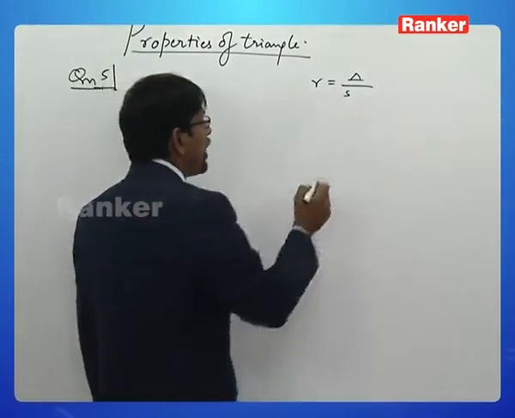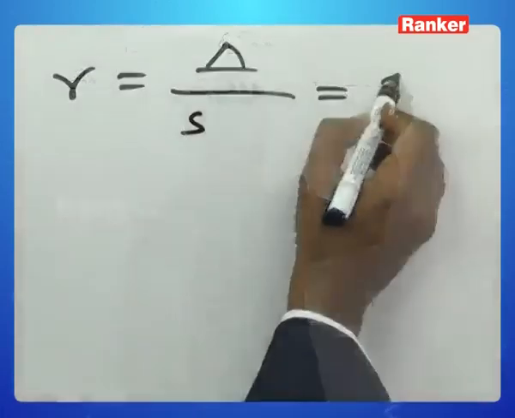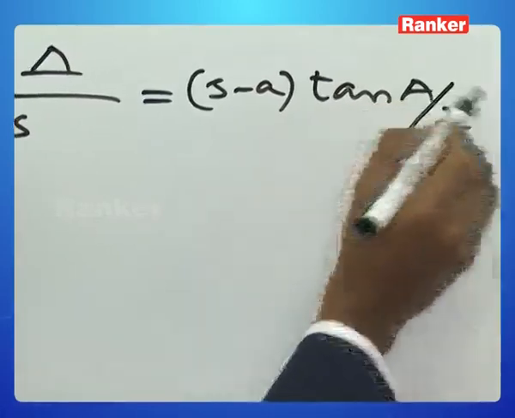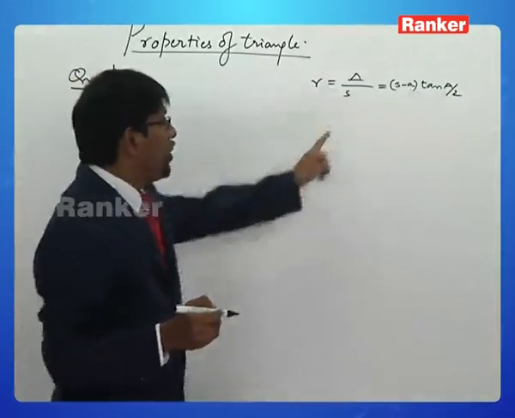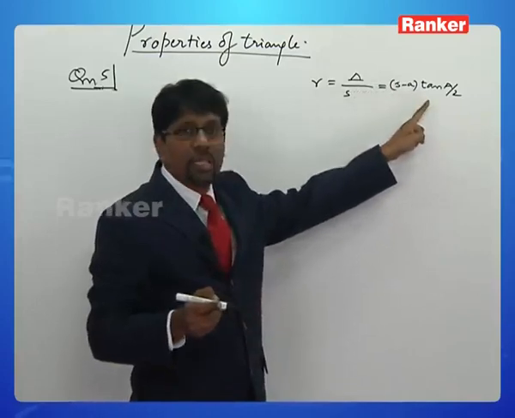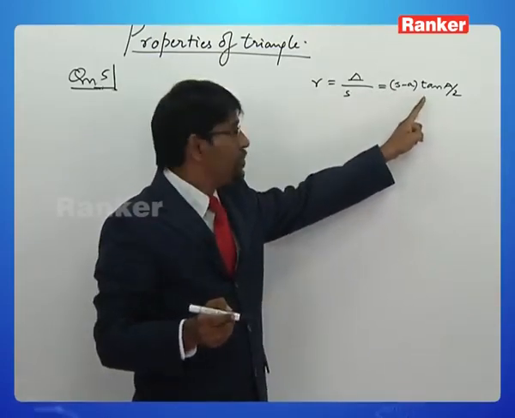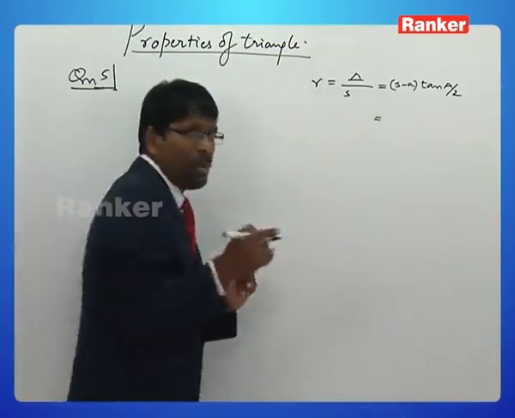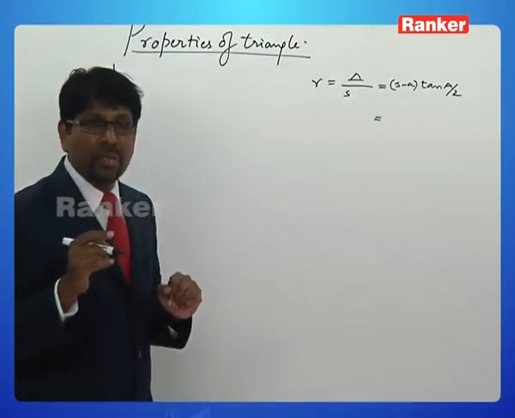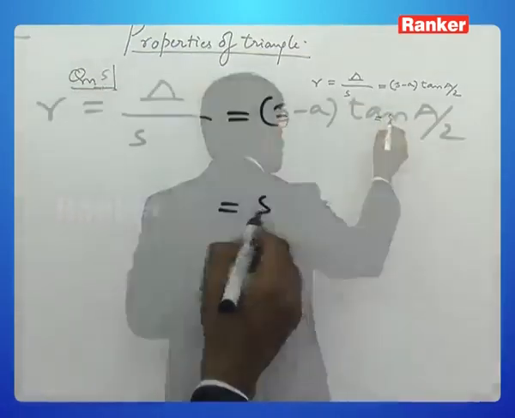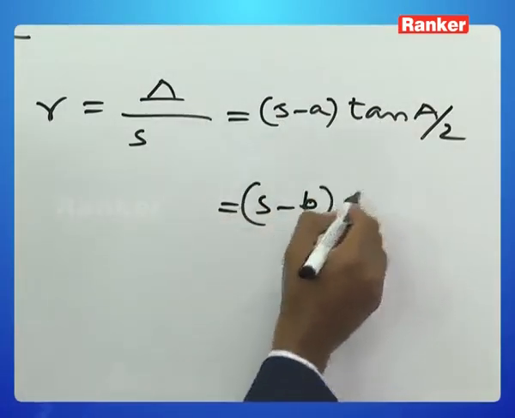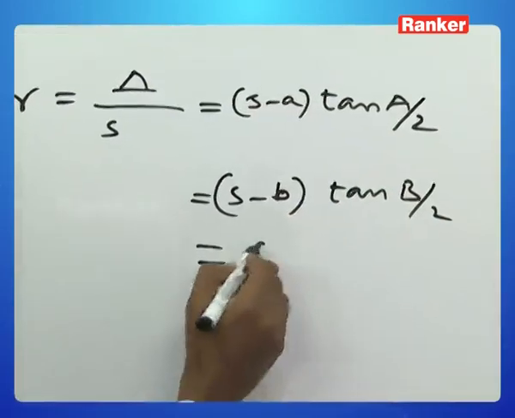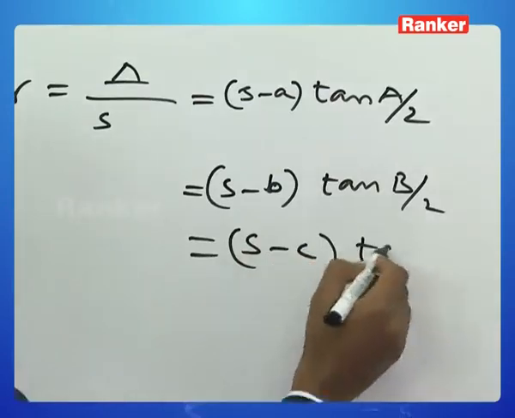But the delta by s, we can even write this as s minus a into tan A by 2, because we already know that delta by s into s minus a is equal to tan A by 2. Similarly, delta by s into s minus b is tan B by 2. Therefore, this can also be written as s minus b into tan B by 2. One more way to write it is s minus c into tan C by 2.